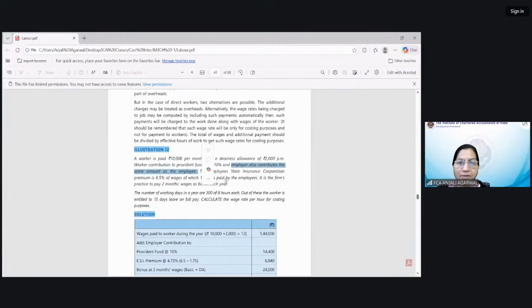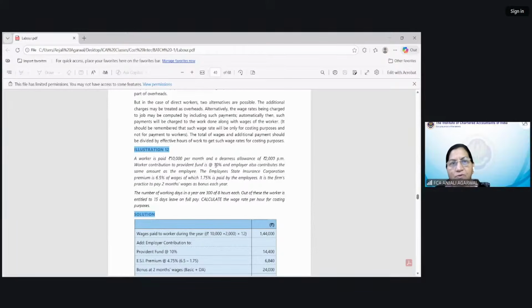It will be 10,000 plus 2,000 plus another 10%. But what will the employee take home? 10,000 plus 2,000 minus 10%, because the employee's 10% contribution will be deducted and deposited to the respective fund.